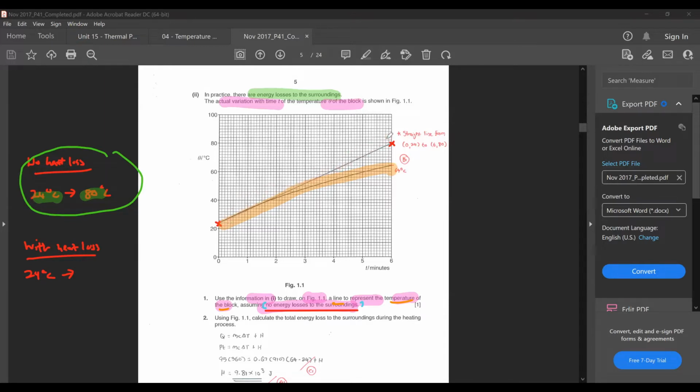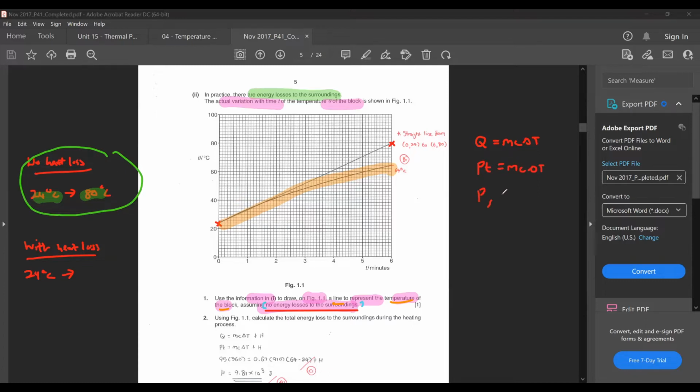Okay. Now, one easy way of looking at that would be to use the equation that you've done just now. You can see that Q is mc delta theta. If Q, m and c are constant, Q is mc delta theta just now. And then after that, we say that Pt is mc delta theta.